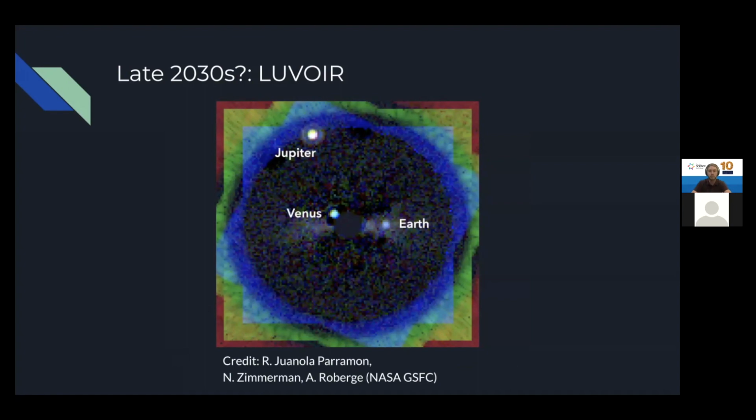If LUVOIR was placed 40 light years away from our system and then made to look back at our solar system, it would be able to see light from Jupiter, light from Venus, and light from Earth. There's that little pale blue dot right there. And all of the light emitted from planet Earth, LUVOIR would be able to look at and analyze the atmosphere of the planet. And I'll show you an example of what that data might look like.